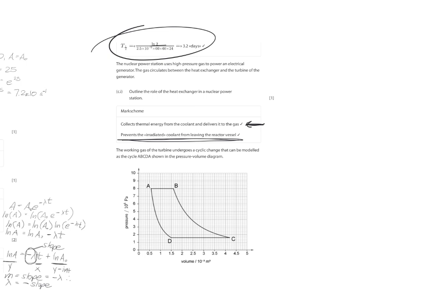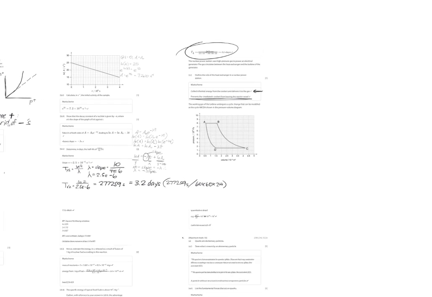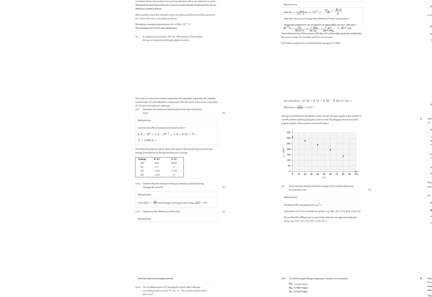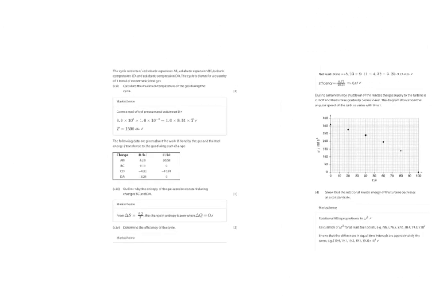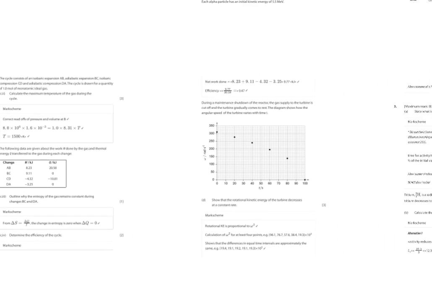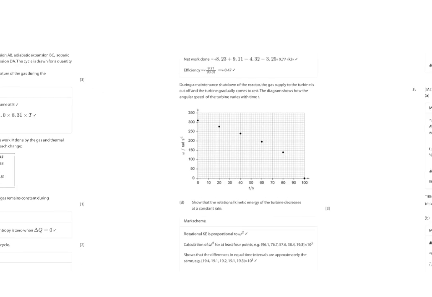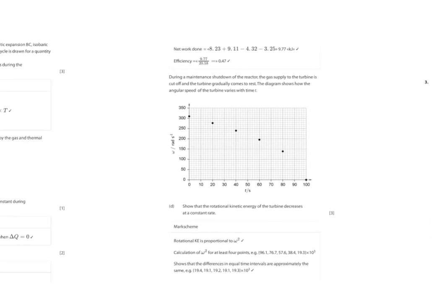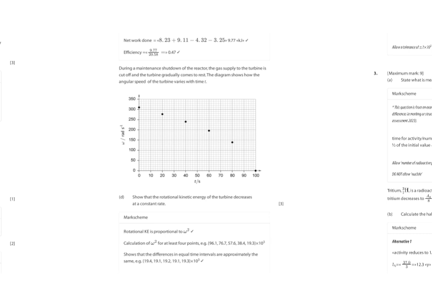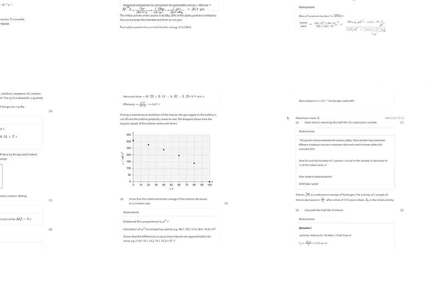There you go. Now we have a graph of pressure versus volume. We're starting to get into thermodynamics now. So let's find the rest of this question. It's all the way over here. And then CIII talks about entropy. And then we have angular speed, radians versus time, rotational kinetic energy, and then that was that. So we're not going to get into that.